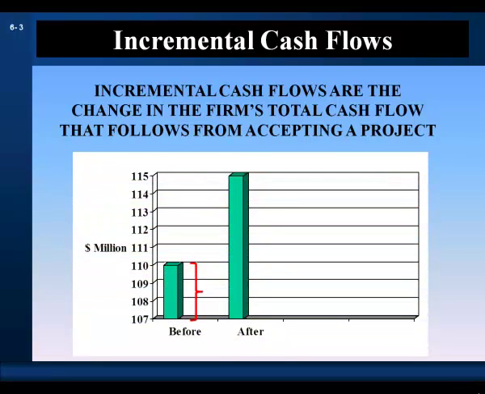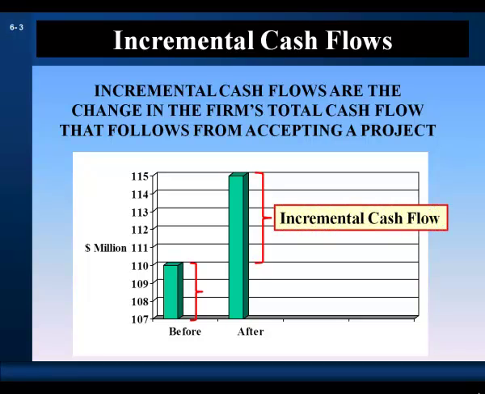Suppose without the project the firm has $110 million of total cash flow. The project will bring the firm's total cash flow to $115 million. The project's incremental cash flow is $5 million. It's the cash flow that the project adds on top of the existing $110 million.